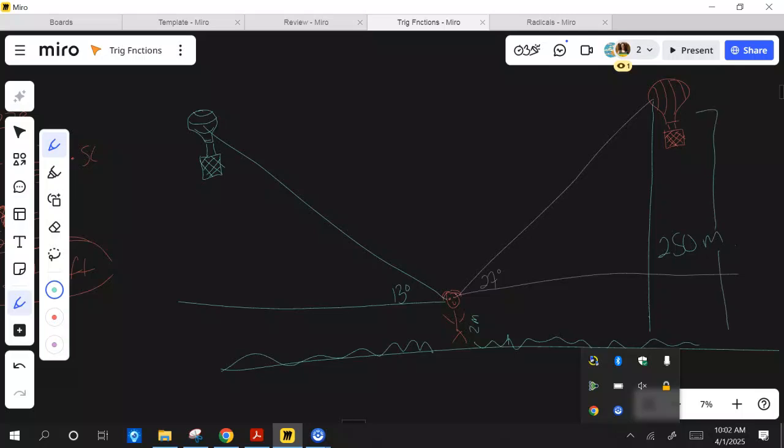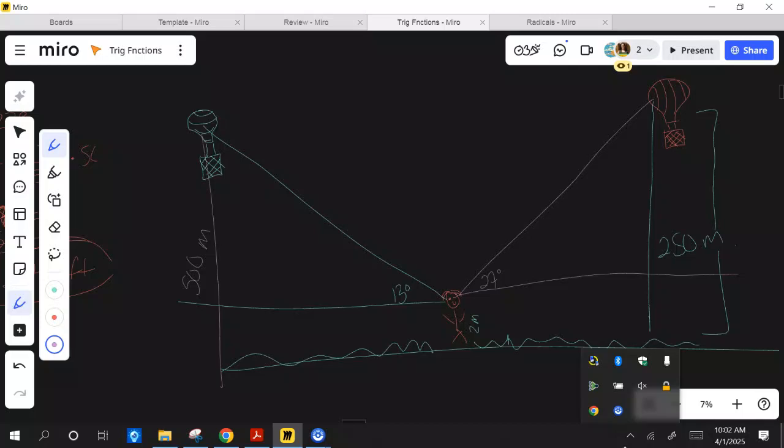The altitude of the other balloon from here all the way down is 500 meters. It's not drawn to scale.